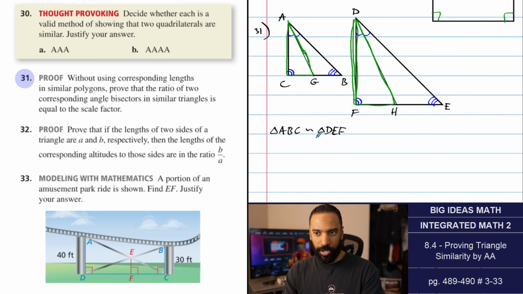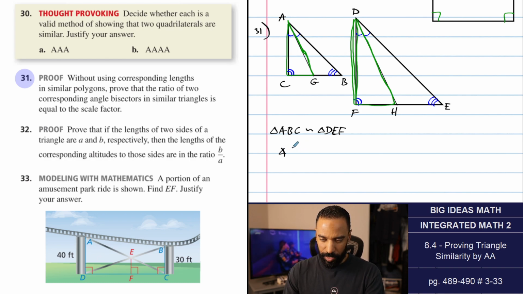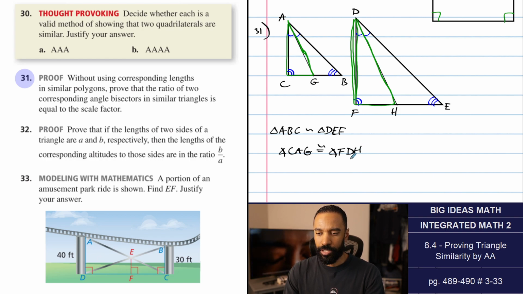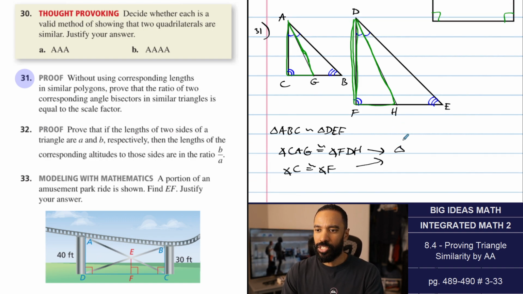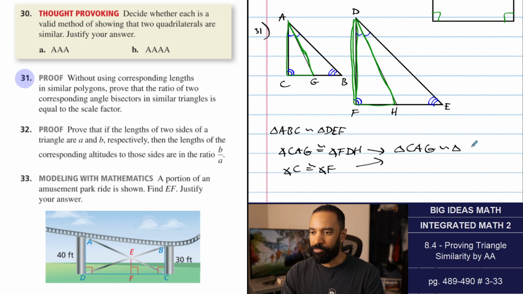So parts that are congruent and all that. Now we find out the angle with the bisector, angle CAG is congruent to angle FDH, and angle C is congruent to angle F. So now we can say, because of these two things, kind of a flowchart thing, triangle CAG is similar to triangle FDH by angle-angle.